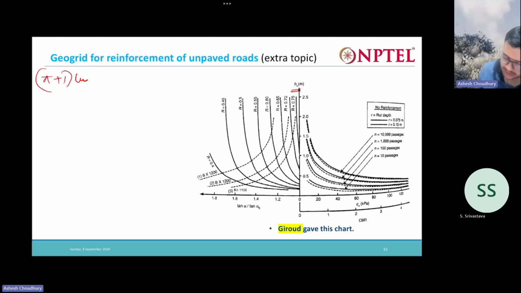So you can see h naught is the height when no geogrid is used. And how to find out the depth when geogrid is used? That can be found like this. H is nothing but r times h naught, you can see these r values given, right?